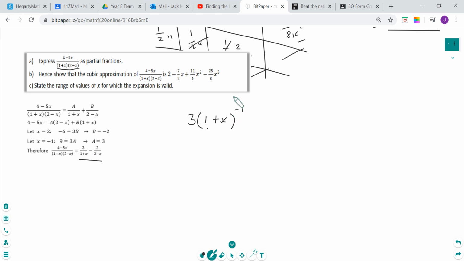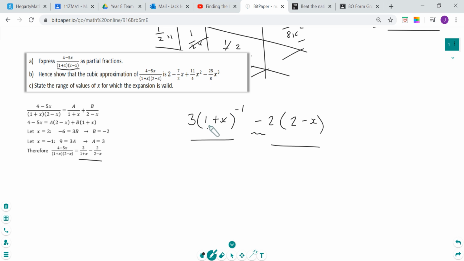Bringing the bracket up, that means it's a -1 if it's in the denominator, -2, and then the other bit is going to be 2 minus x. A little bit different to the one from before because there's a negative taking away. So what we're going to do is work this thing out and then work this thing out and take some terms away.